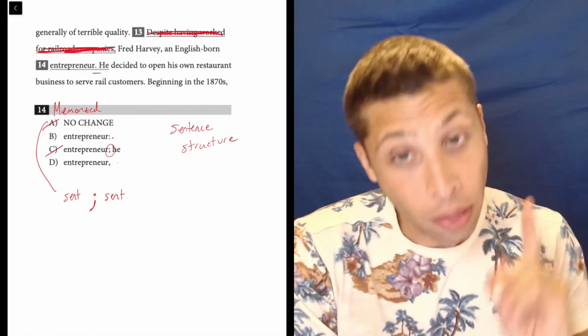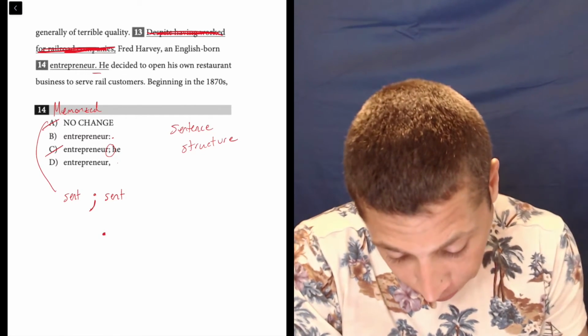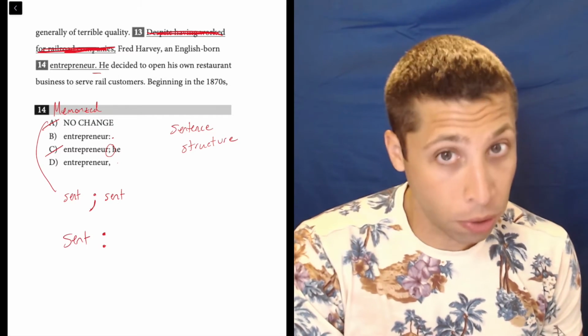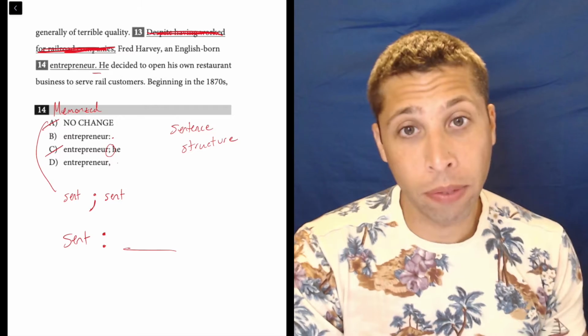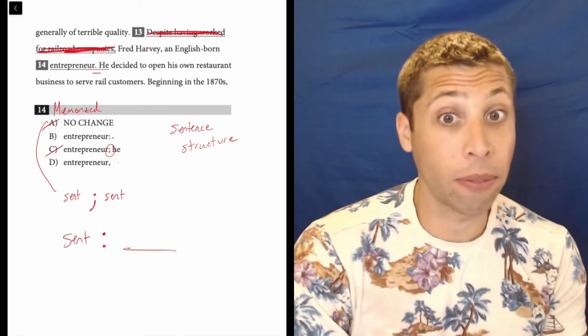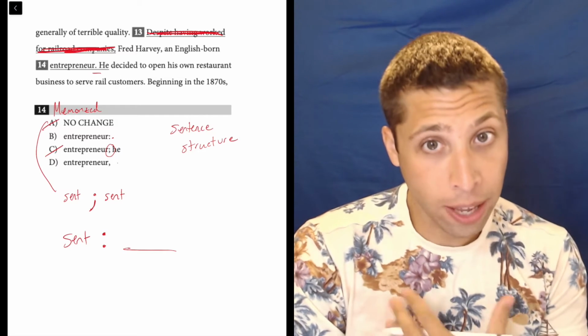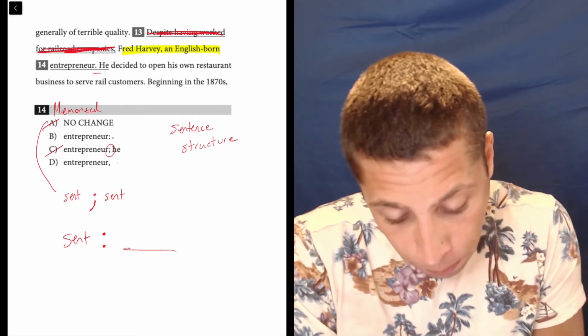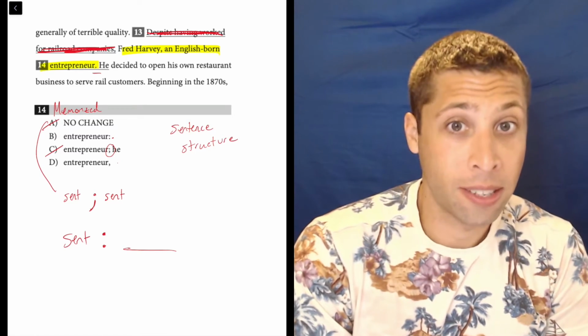Okay, so the colon also has its own rule. In order to use a colon, we need a sentence before the colon. Afterwards, we have flexibility. We could use a sentence, we could have a list, we could have a single word. So let's check the other piece though. Let me highlight right here to here. Is this a sentence?